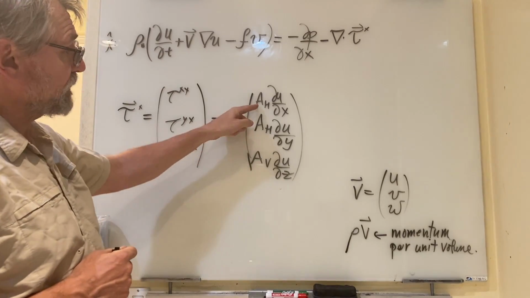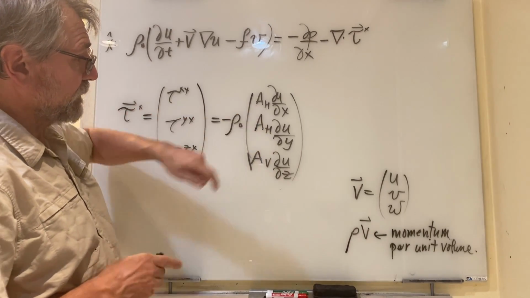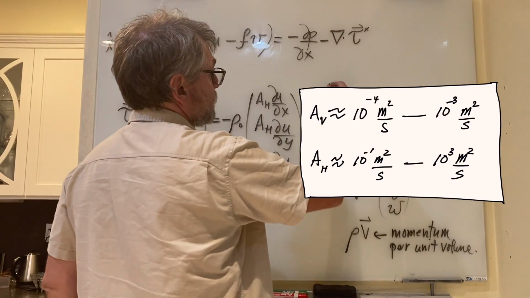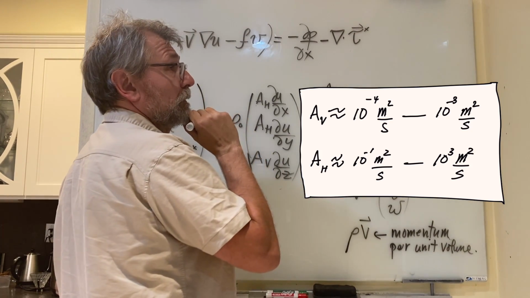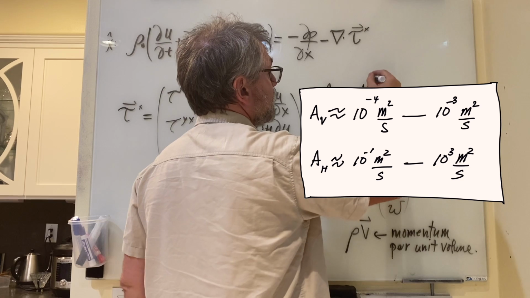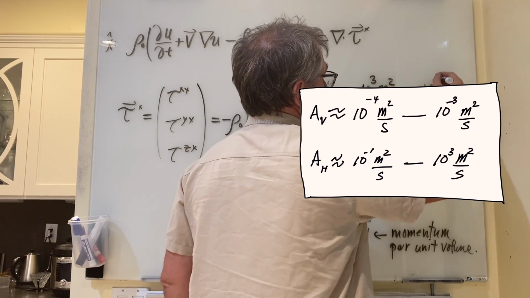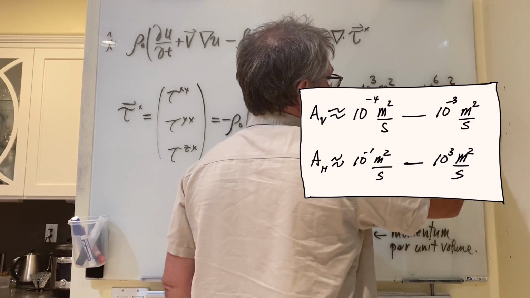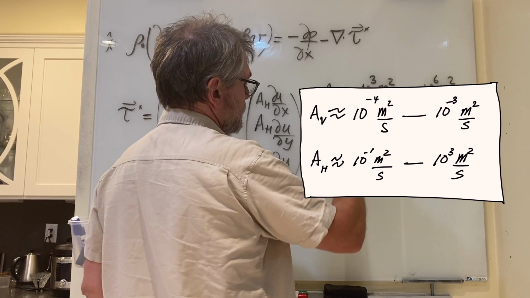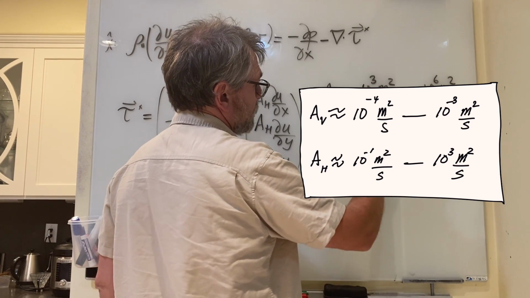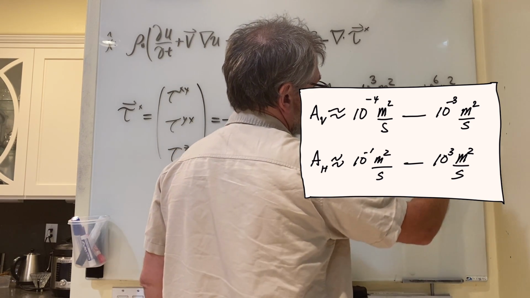So these numbers AH, these are called diffusivities for momentum, and the typical sizes for AH range from 10 to the minus 1 meter squared per second, all the way up to 10 to the 3 meters squared per second. So that's the kinematic viscosity, meters squared per second, in the horizontal direction. One is much smaller. And then AV ranges from 10 to the minus 4 meters squared per second, all the way up to 10 to the minus 3 meters squared per second.